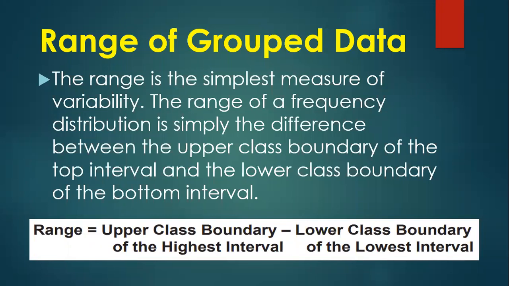For grouped data, the range is the simplest measure of variability. The range of a frequency distribution is simply the difference between the upper class boundary of the top interval and the lower class boundary of the bottom interval.